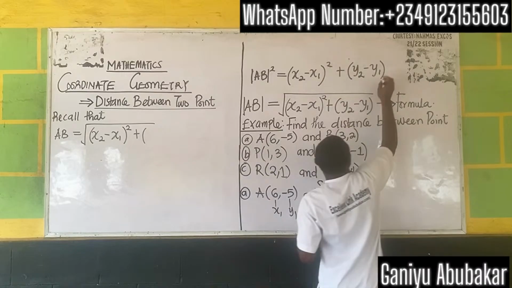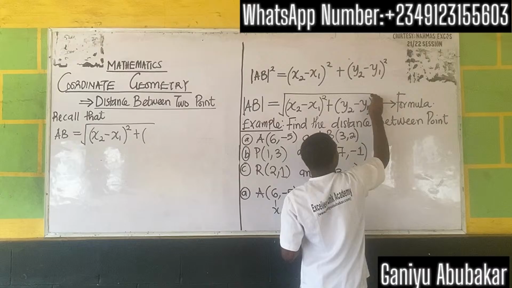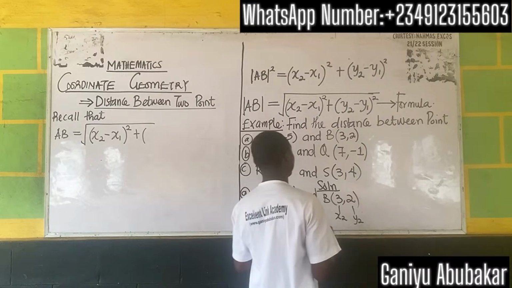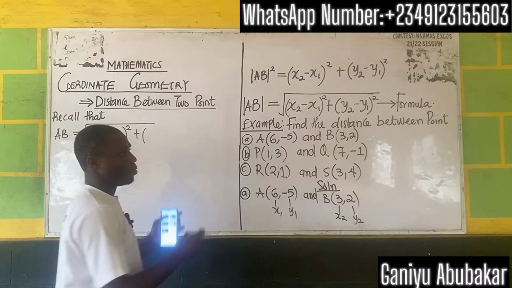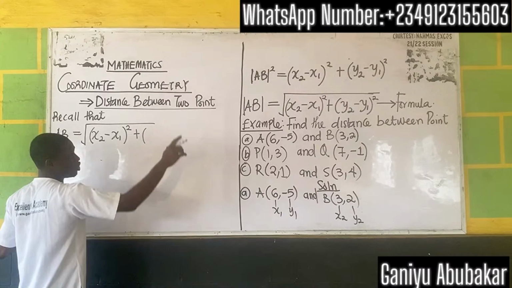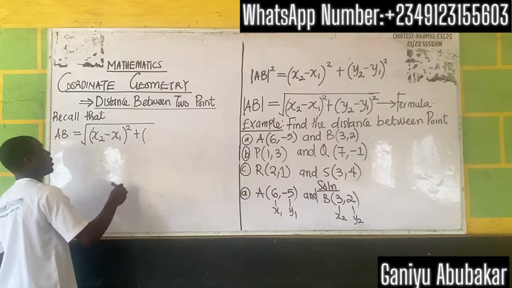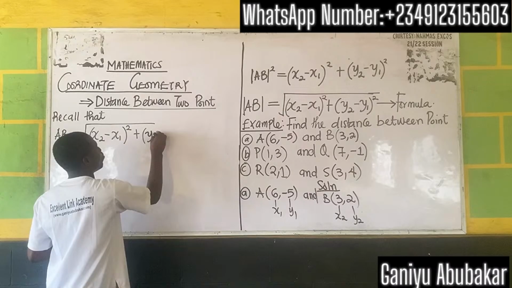There should be a square here, please, for God's sake. Sorry. So this square should come down here, please. Because it's opposite squared plus adjacent squared. So there should be a square attached to them. Sorry for the mistake, please. Alright, from here that gives you y2 minus y1 all squared.